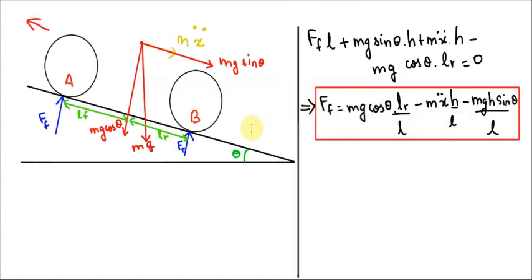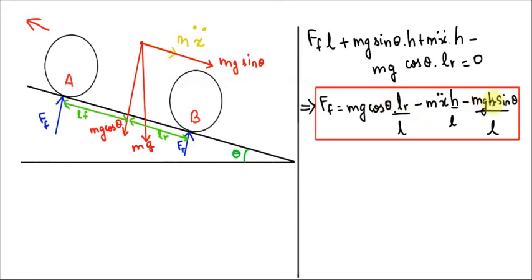Now let us say we are increasing the angle. With the increasing value of theta, this part will be decreasing and this negative part will go on increasing. So basically we can say that with increasing value of theta, the value of Ff will go on decreasing. And just to speak hypothetically, if you are climbing a road with a 90-degree angle, then this part will be 0.